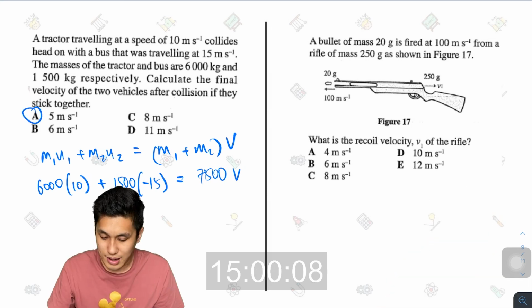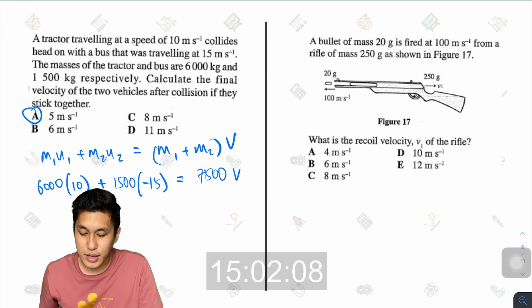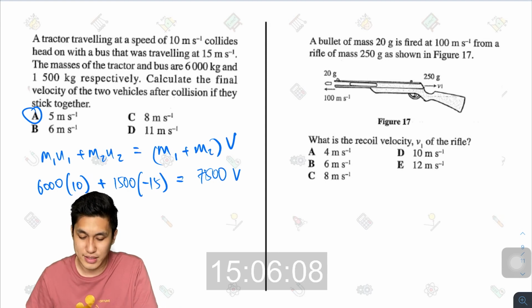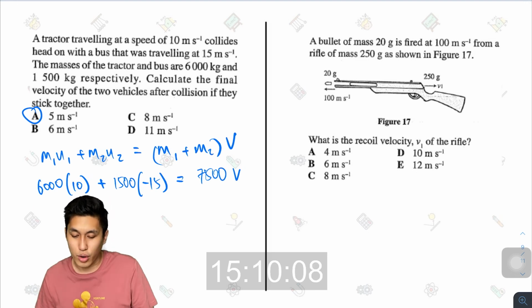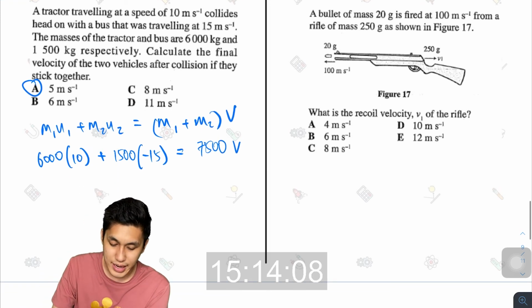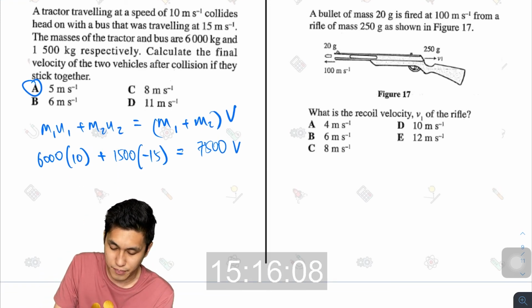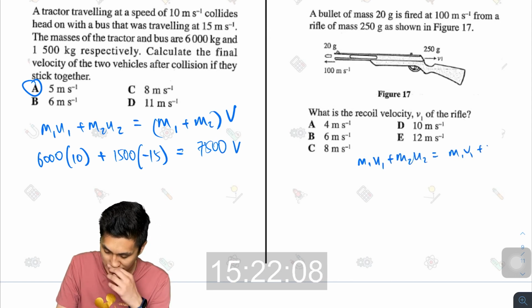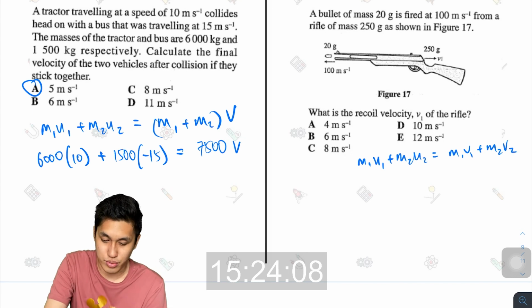Last one, a bullet of mass 20 grams is fired at 100 meters per second from a rifle of mass 250 grams as shown in figure 17. What is the recoil velocity of the rifle? Again, I will use m1u1 plus m2u2 equals m1v1 plus m2v2.